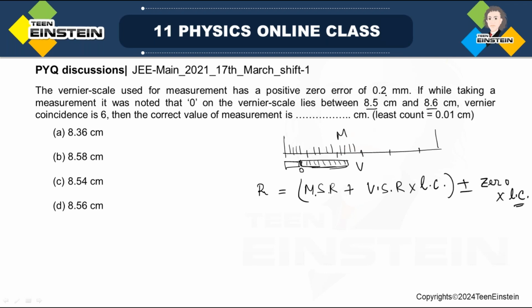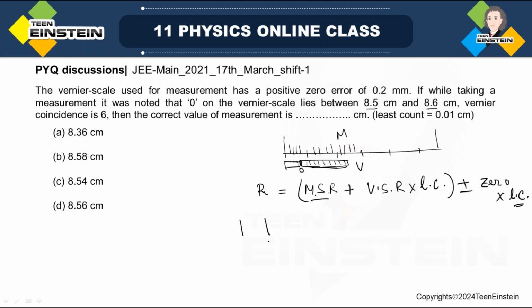Here zero error is given with a unit, so we don't need to worry about this multiplication with LC. So look, how is the main scale reading taken? Main scale reading is taken till that point.